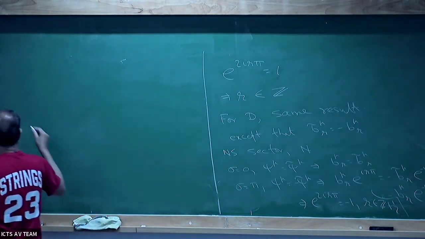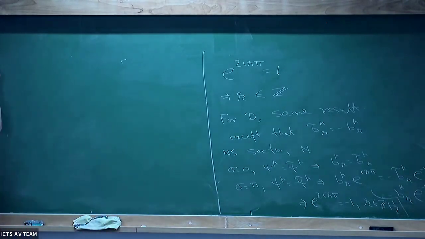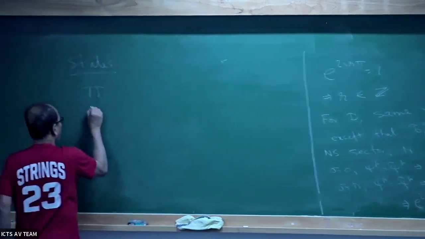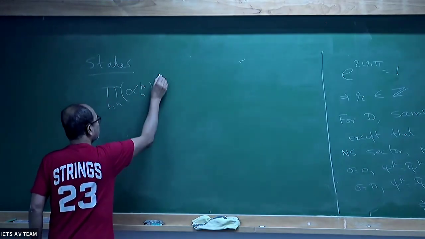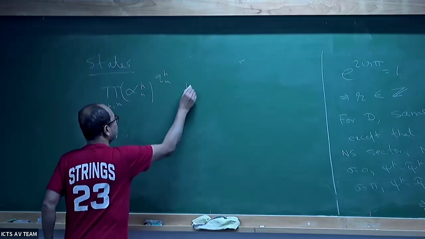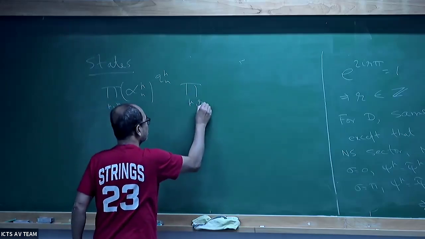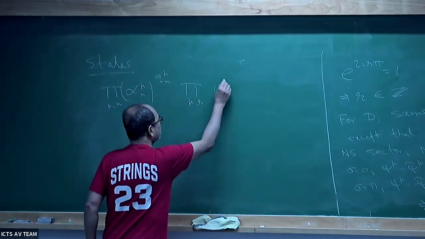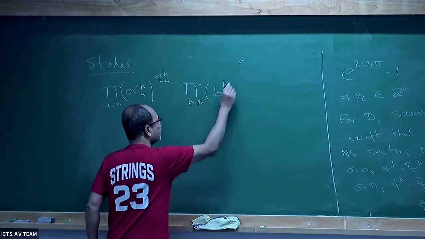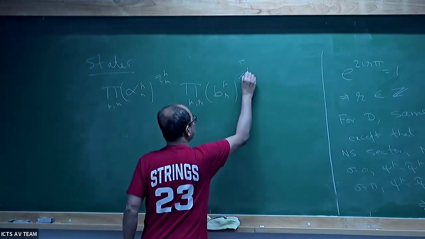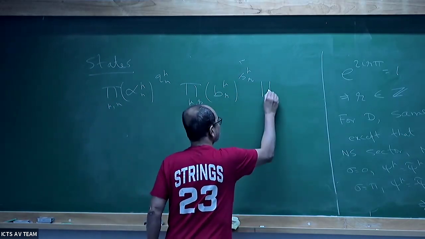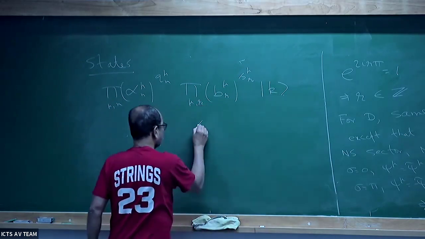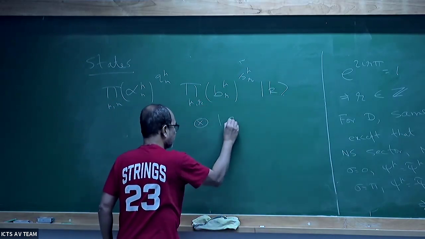So the states will now have the form product over mu, n of alpha mu n, times those states.